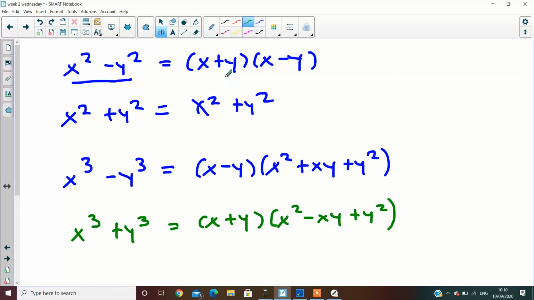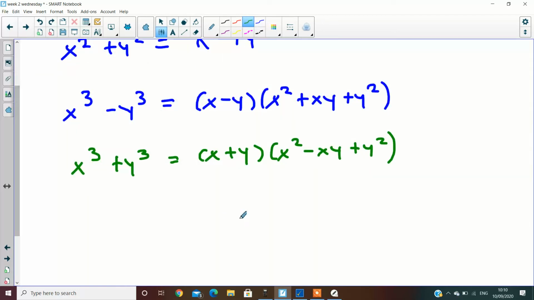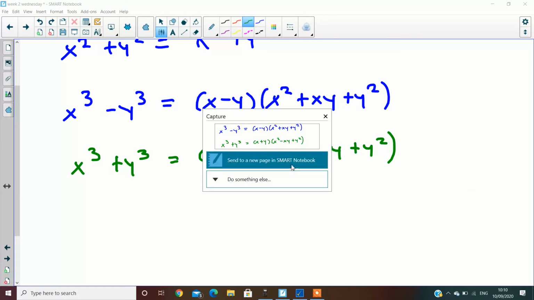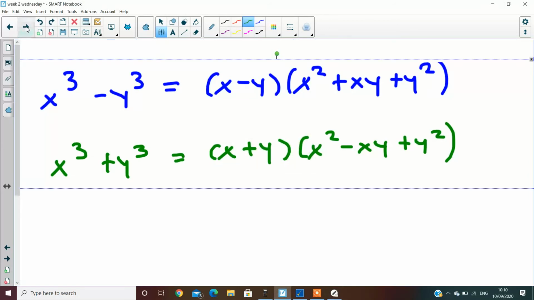So, that brings us to the next part. Now that you know the two of these off by heart, what do you reckon about these questions here?